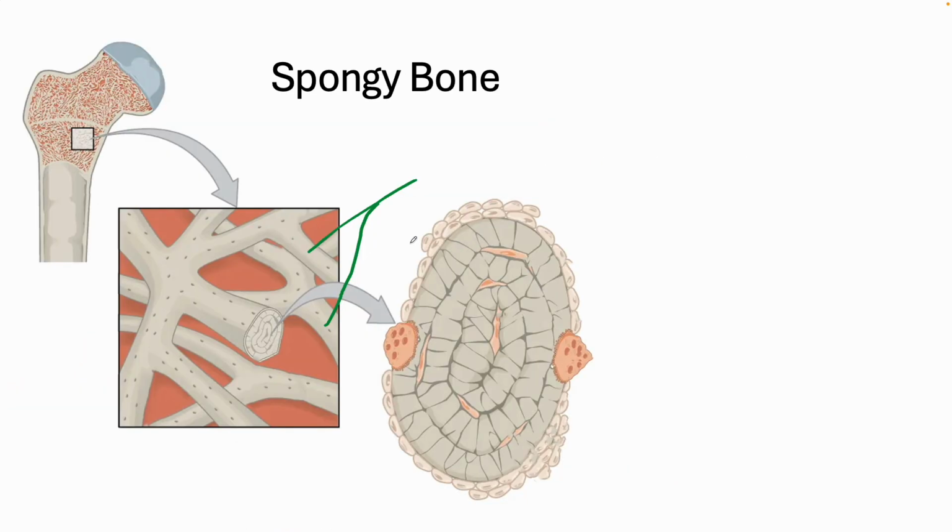Now, if we take a closer look at spongy bone, we'll see that spongy bone is going to be not as dense as the compact bone, as the name might imply. It's going to be supported by structures known as trabeculae. The trabeculae are going to be found along stress points that help give the bone strength associated with it.